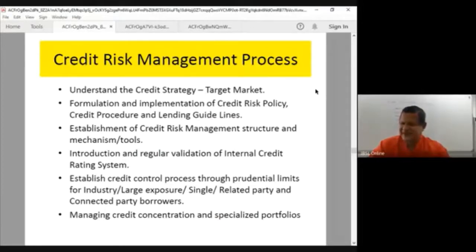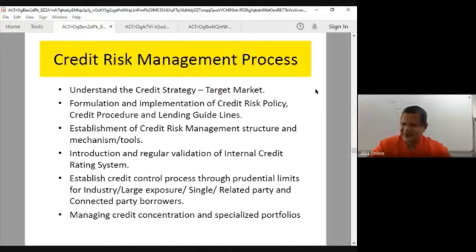So 90 and above is AAA, 85 to 90 is AA, 80 to 85 is single A, between 70 and 80 triple B, 65 to 70 double B, 60 to 65 single B, and below 60 is C. And if the bank decides we will only give facilities to customers above B, that means their total marks should have reached at least 60.